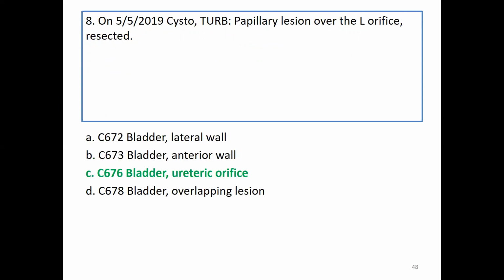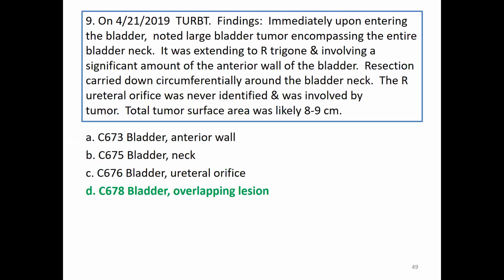Number 8, the papillary lesion is over the left orifice. And so the primary site would be C, bladder ureteric orifice. Number 9, this one has a large bladder tumor. It looks like it encompasses a lot of sites. The entire bladder neck went to the right trigone and involved the anterior wall of the bladder.